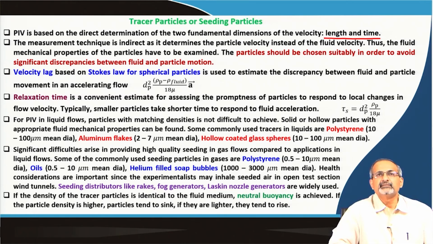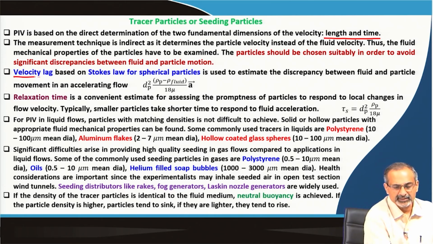It makes it imperative that the particles should be chosen suitably in order to avoid significant discrepancies between fluid and particle motion. We have talked about it earlier also, we are reiterating it here. We have talked about velocity lag earlier.